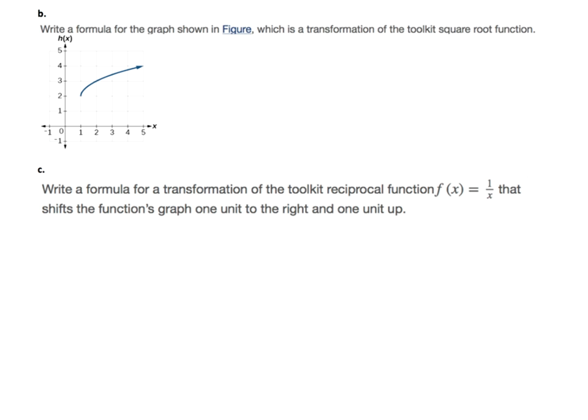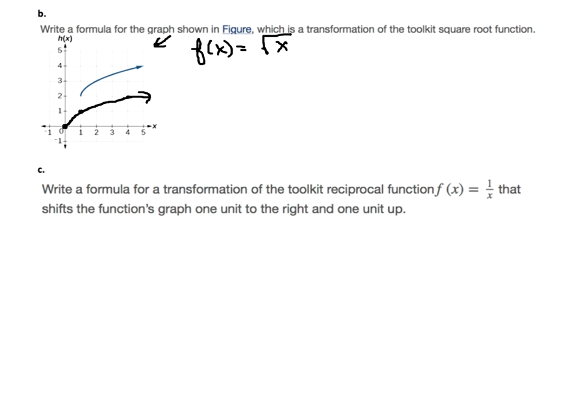Okay. You should know from your toolkit functions that this shape right here is the shape of the square root of x. That's solely gotten from knowing those toolkit functions. The square root of x actually has these points, 0, 0, 1, 1, 4, 2.